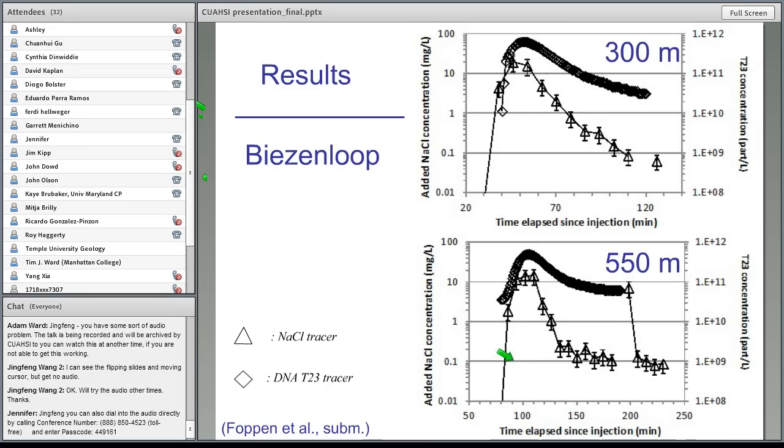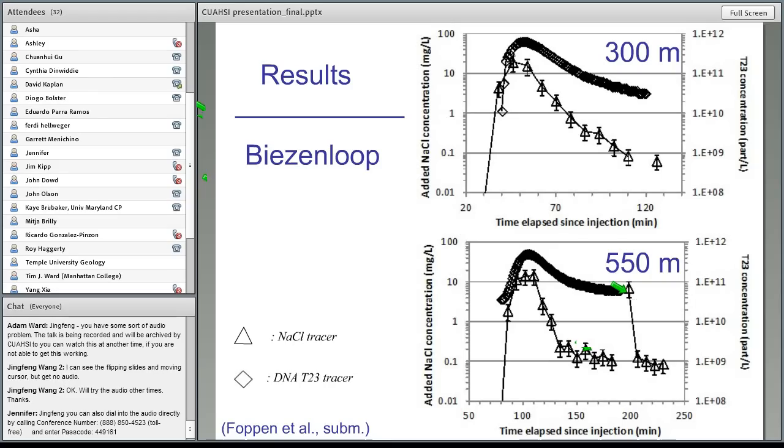This is another example, and this here is salt, and this here is DNA, and there you see definitely that the DNA concentrations are much steeper. The falling limb of the breakthrough curve is much steeper than of salt, and that's also the case here. And also you see here some funny outlier.